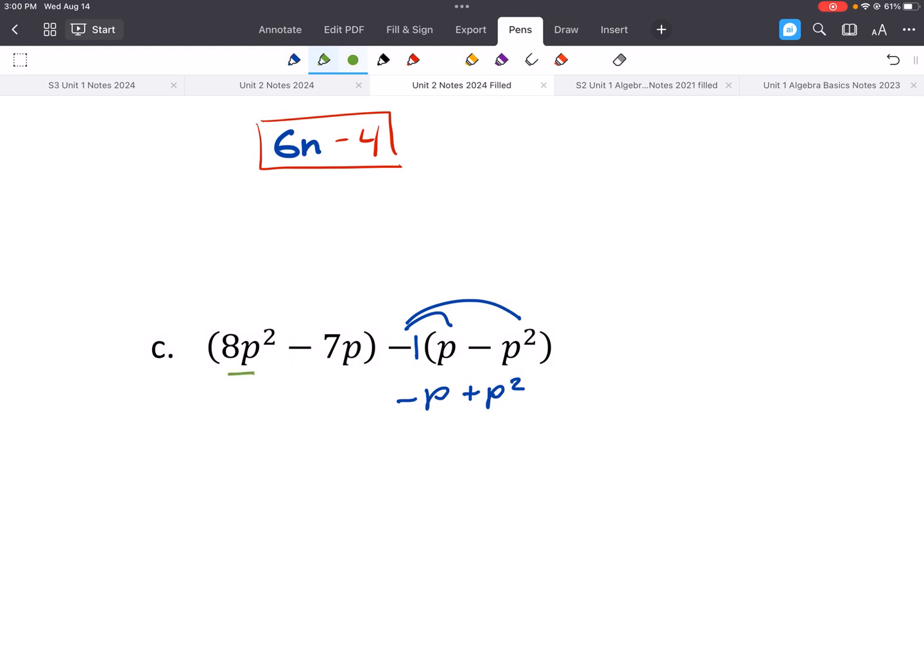So we've got 8p squared plus p squared will give us 9p squared. And then we'd combine our p's. So negative 7 subtract 1. So that would give us negative 8p.